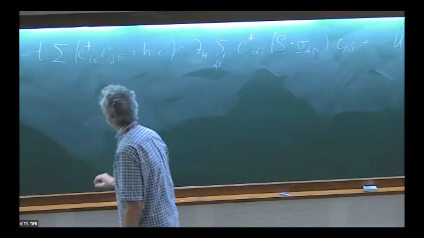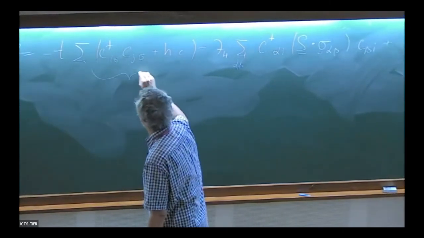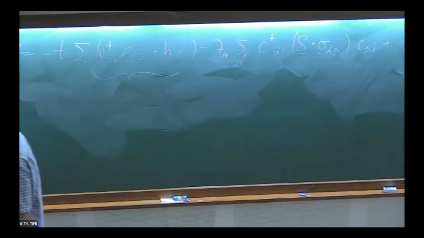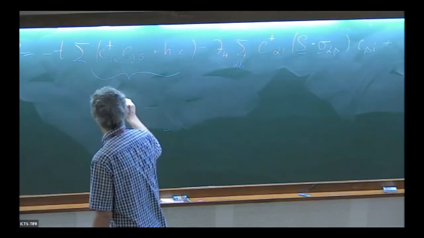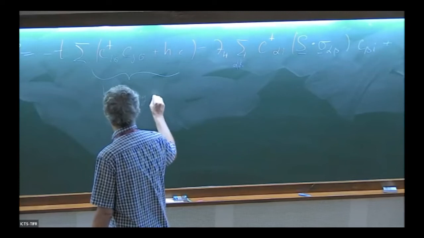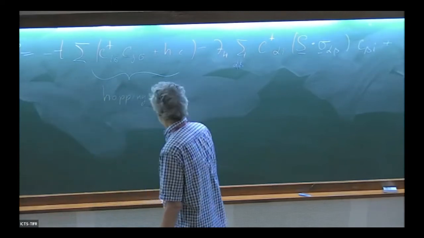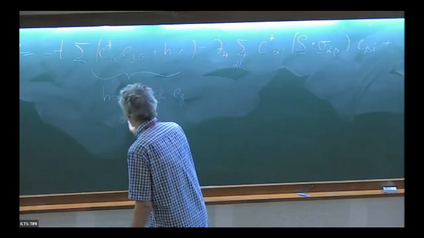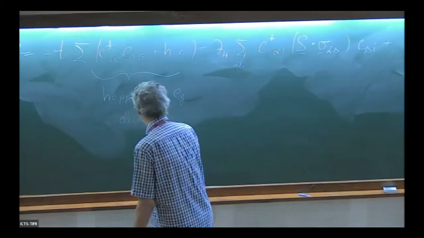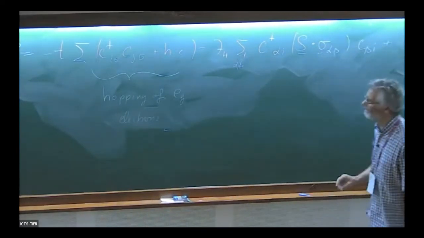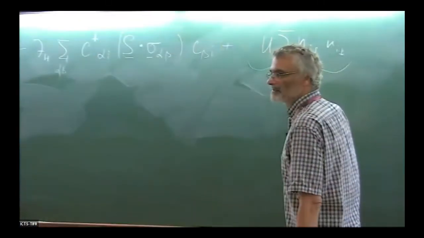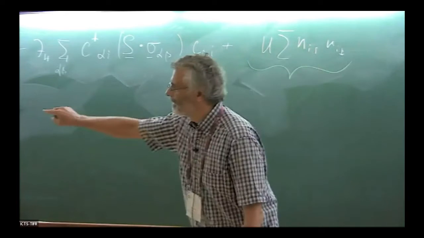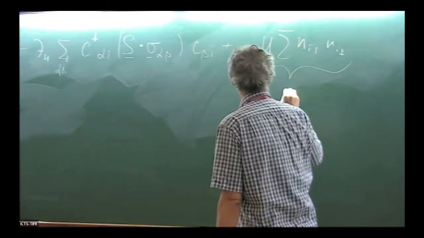What is this? Here, this describes the hopping of the Eg electrons. This describes the Coulomb repulsion of the Eg orbitals.